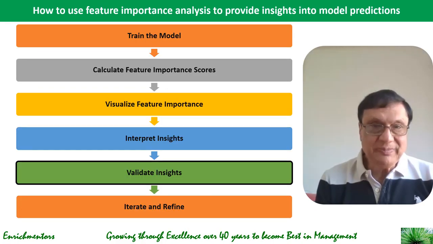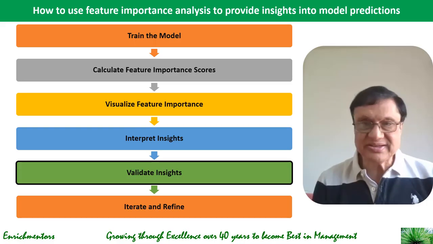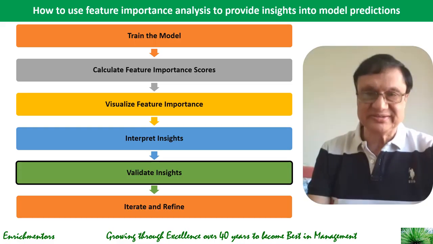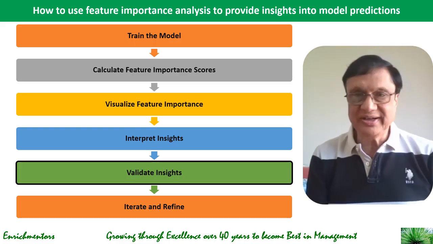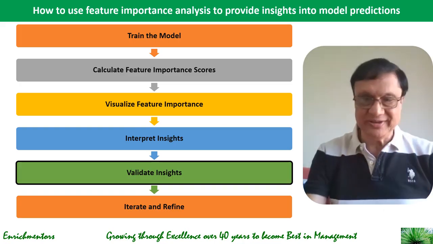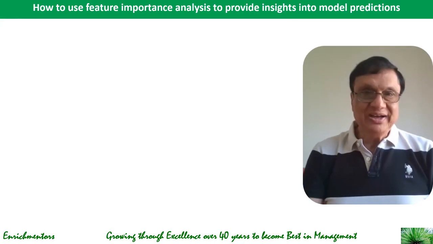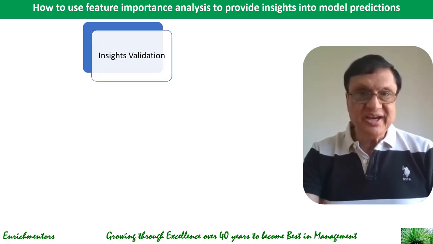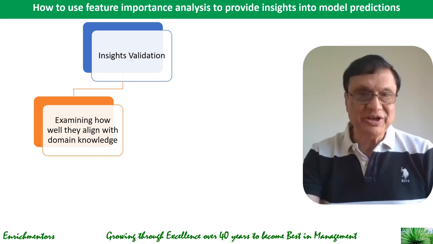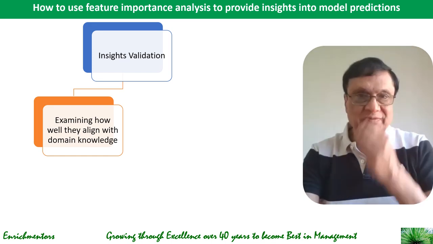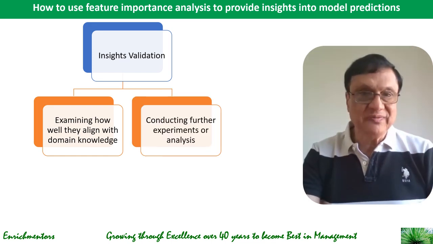Having interpreted insights, the next thing is to validate the insights. And how can you validate the insights? Let's take a look at that in the next slide. Validating the insights gained from feature importance analysis is done by examining how well they align with the domain knowledge or by conducting further experiments or analysis.